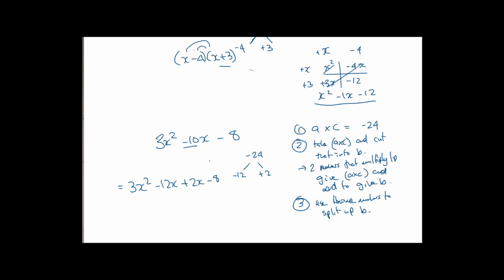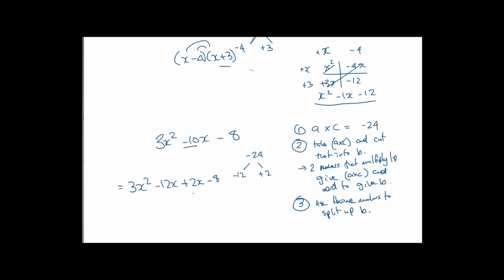Now just convince yourself that this equation is the same as this equation. The only thing is we've cut this negative 10x into negative 12x plus 2x, because negative 12 plus 2 is negative 10. That's all we've done.